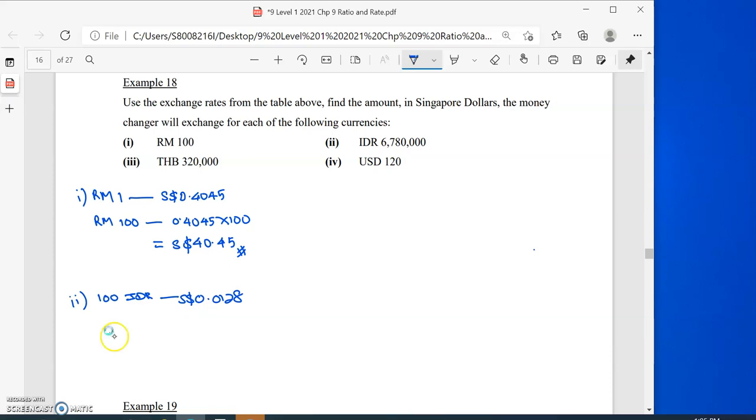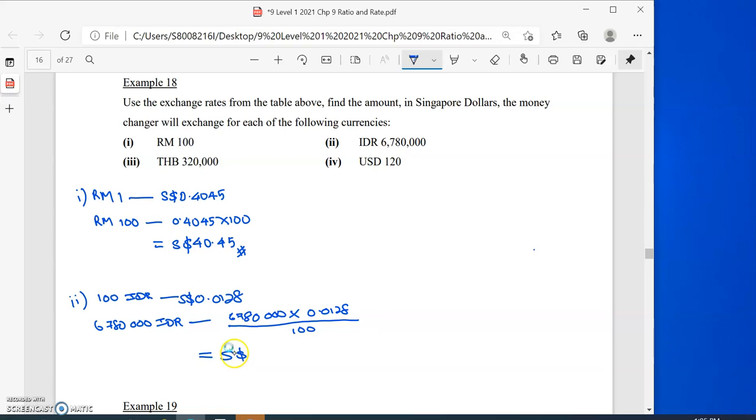So now that I have 6,780,000 Indonesia rupiah, we have to multiply by the rate, which is 0.0128, and because it gives us 100 units, we need to divide by 100.